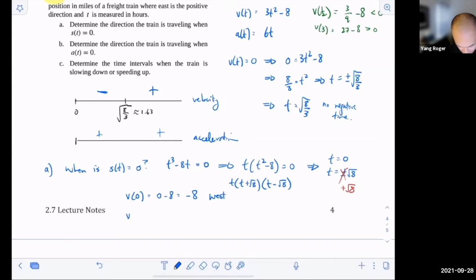And when I plug in v of rad 8, that's going to give me 3 times rad 8 squared minus 8. That's going to be equal to 24 minus 8, which is, I really only care about the sign, but that's 16. That's greater than 0. So this means it's going east.